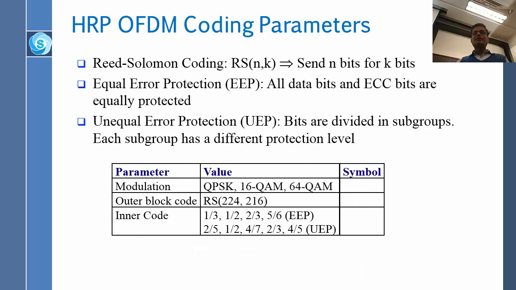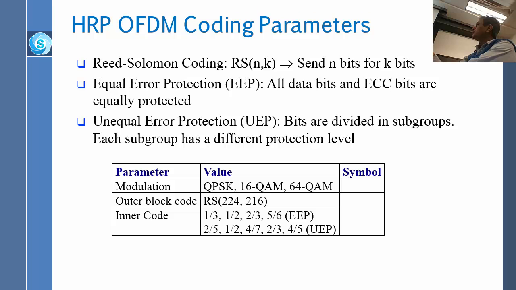All right, now let's go to the coding. We have discussed coding, but just to be clear about it, we have 3 codings. First is the middle one, which is called the outer block code, which is Reed-Solomon 224, 216. There are many codes; Reed-Solomon is just one of them.